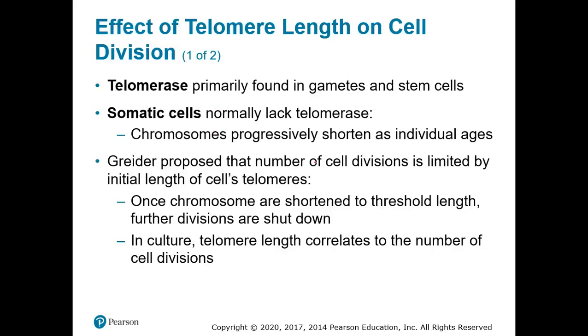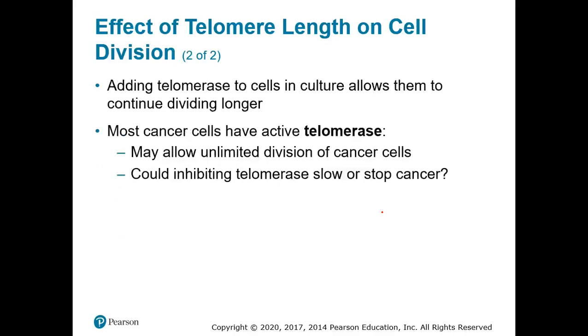There's a certain number of cell divisions that all of your cells can go through before your telomeres are gone and your chromosomes are going to start shutting down. They're going to get shorter and shorter, and suddenly the recipe is gone, right? You cannot make any of the things you need to make because your genetic recipe is gone.